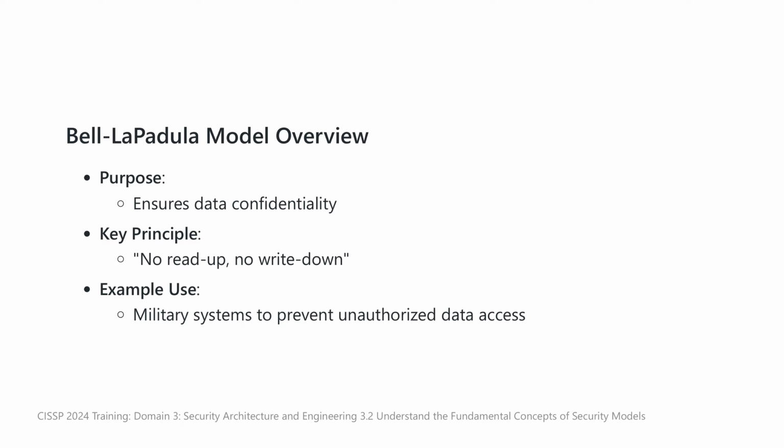An exemplifying application of the Bell-LaPadula model is found in military systems where it is crucial to prevent unauthorized access to sensitive information. By adhering to these principles, the model effectively restricts data flow and access, thereby preserving confidentiality across various data levels. Remember, implementing these principles within a system can be achieved through commands like setfacl -m username r path/file, which configures access control lists to maintain the desired security posture.